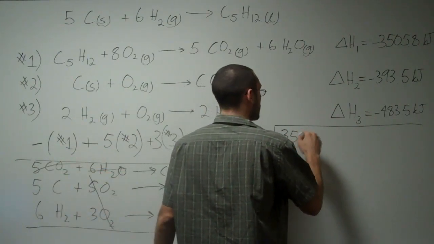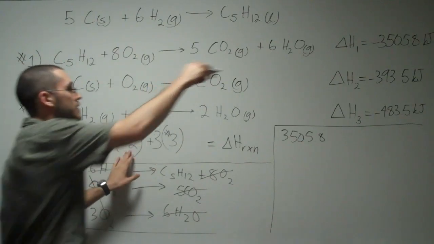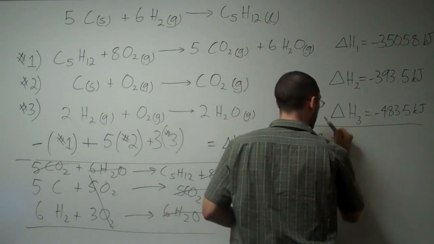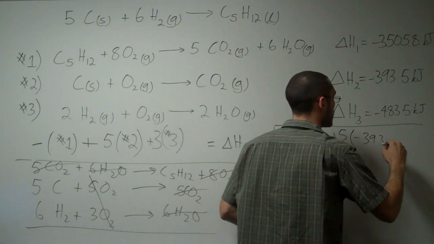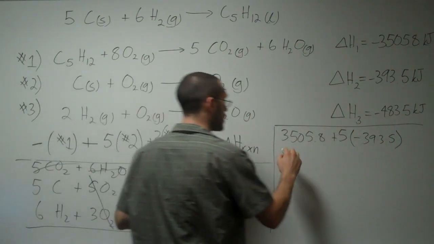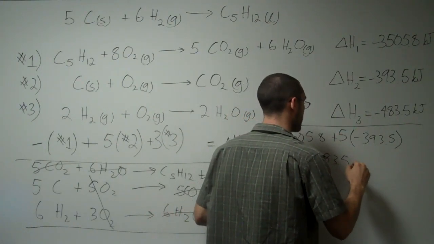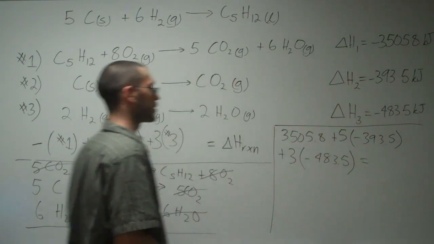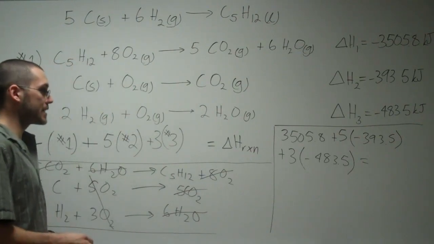So we got 3505.8 plus 5 delta H number 2's, so minus 393.5, and then plus 3 delta H number 3's, minus 483.5. Make sure your units are all the same, kilojoules, kilojoules, kilojoules, we're good to go. Punch that out, answer is 87.8 kilojoules.